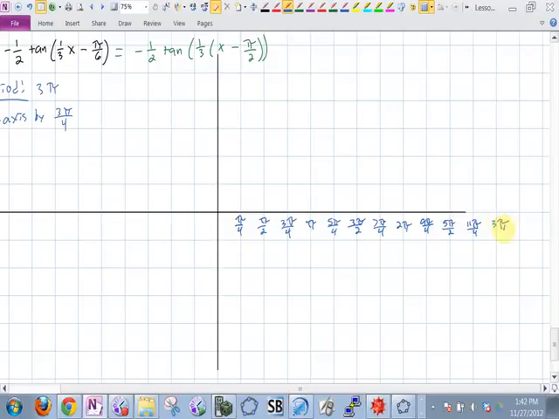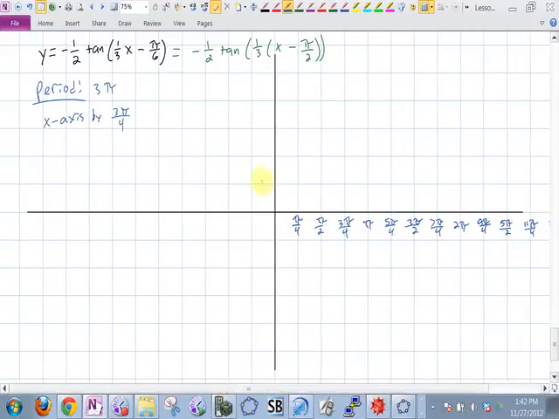That's going to be one complete cycle from here to here. Right? Wicked. Okay. And I'm going to choose my y-axis to go up by halves. Good enough. All right.